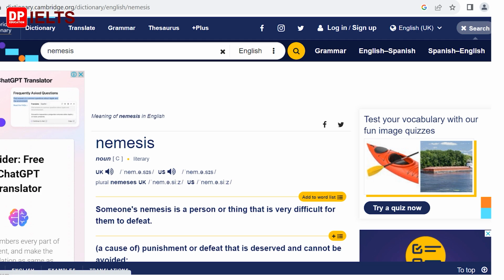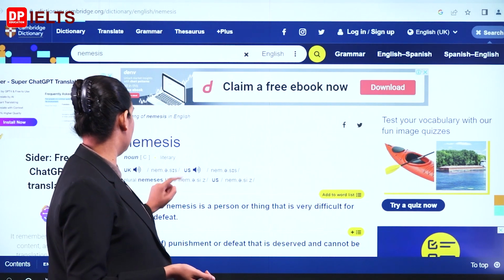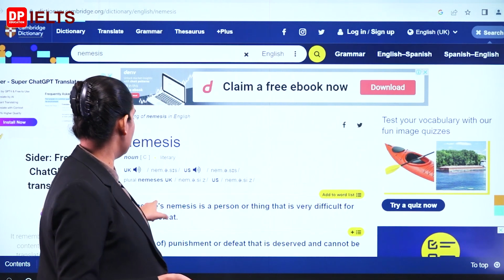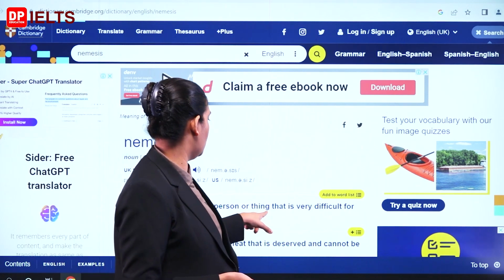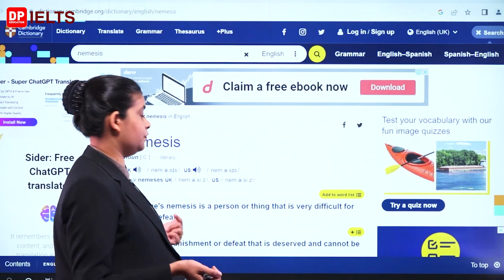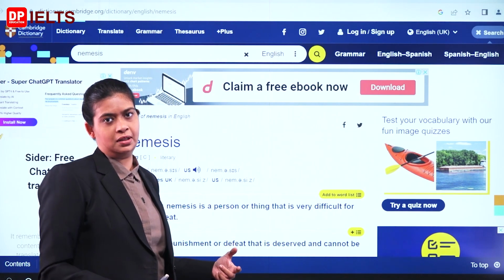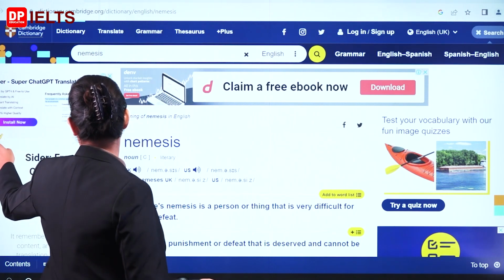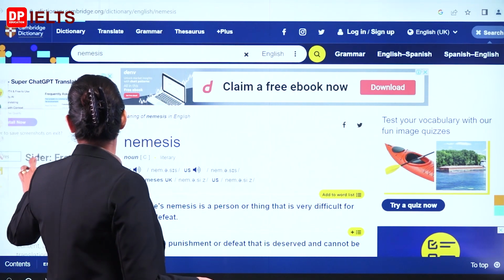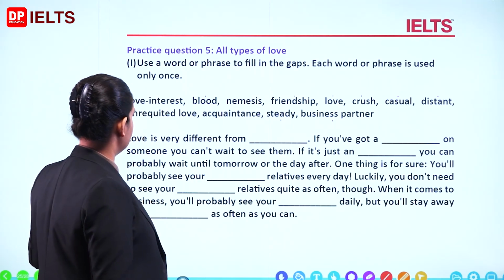Nemesis, okay, nemesis is a noun, right, someone's nemesis is a person or thing that is very difficult for them to defeat. අපිට පරාජය කරන්න ඉතාමත්ම අමාරු එකට තමයි අපි කියන්නේ nemesis කියලා okay. Next let's have a look at the next one.